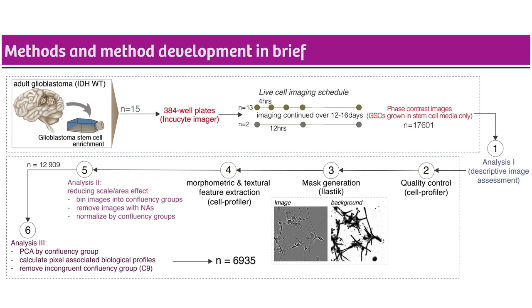These were imaged at 4 to 12 hourly intervals using live cell imaging. I utilized 17,600 of these images for my analysis, and these phase contrast images were first analyzed visually by eye before passing them through a computational pipeline.